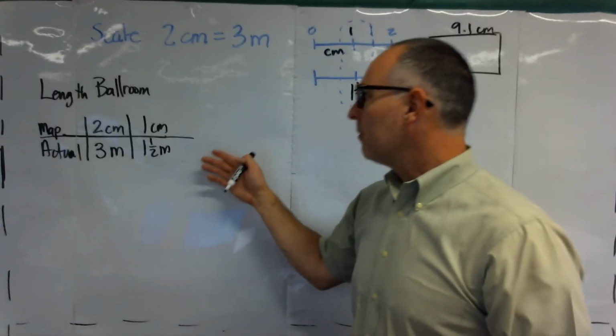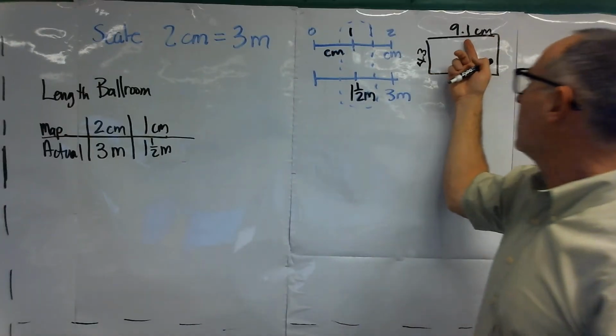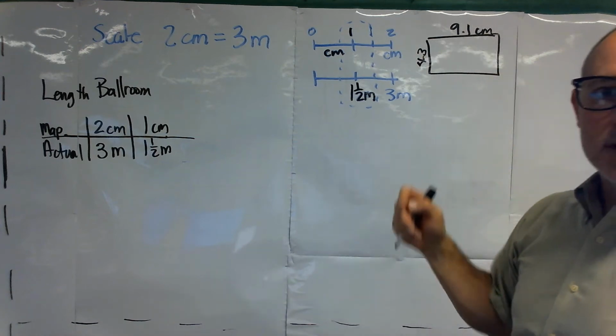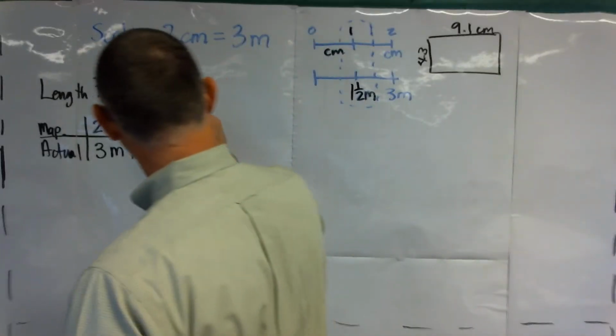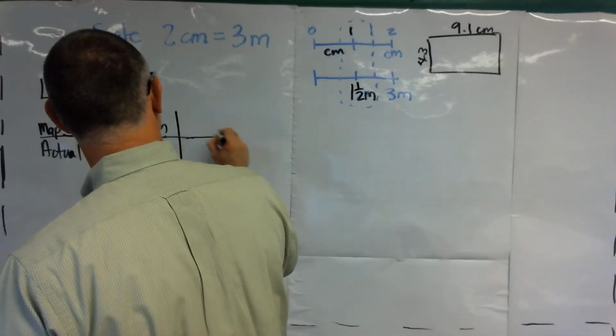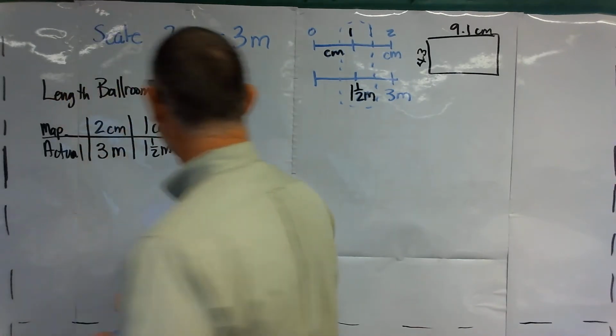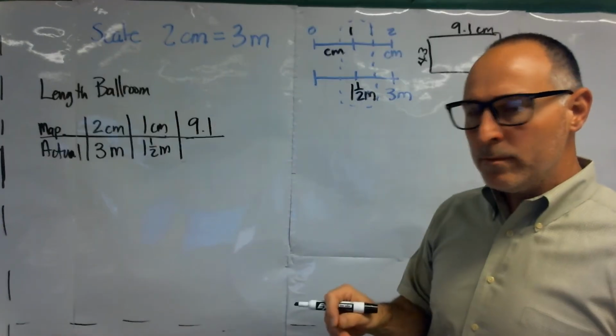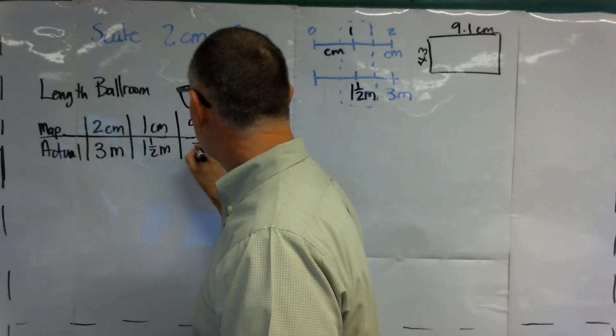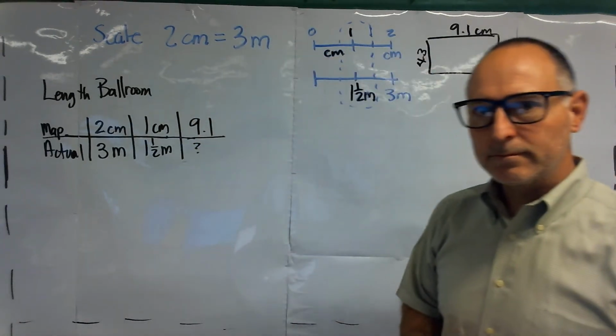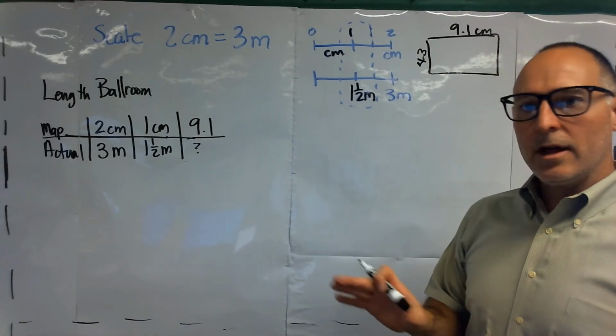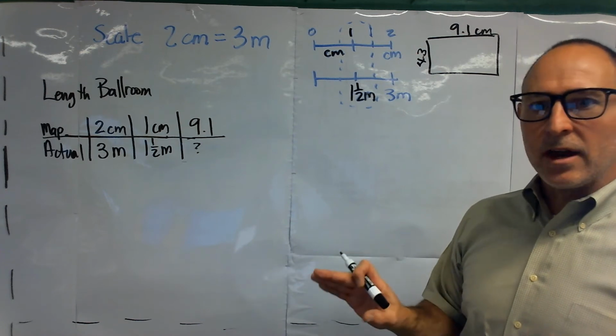So what I have, though, is I'm looking at the length as 9 1/10 centimeters. So let's do the 9 1/10, right? So if I go here and make that a 9 1/10, because that's what I know, and this right here is what I'm looking for, right? Well, in that case, it's about finding a multiplication.